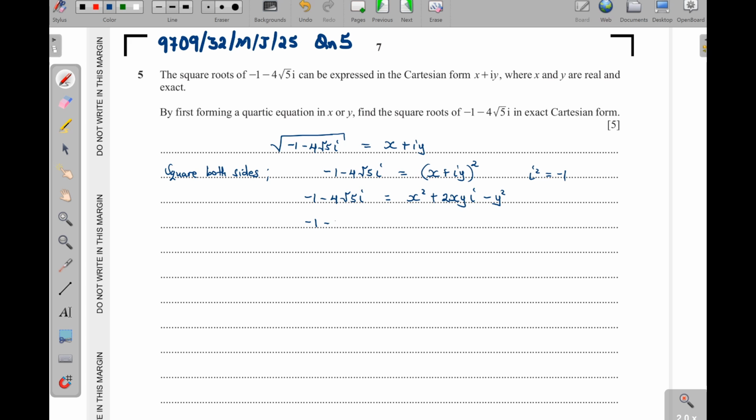Now, if I separate the real from the imaginary part, I will have x squared minus y squared, then plus 2xyi. Now what we do is to equate the real and imaginary parts.